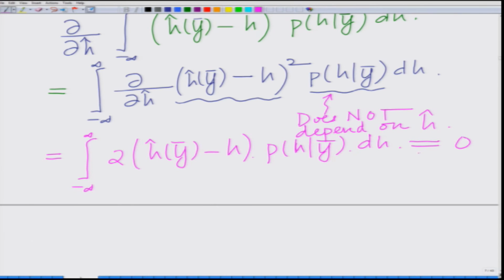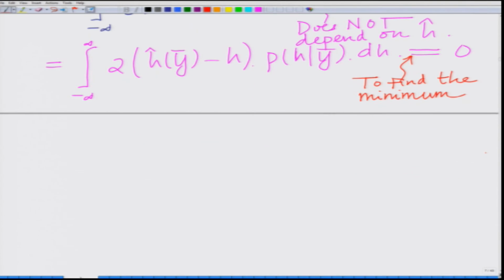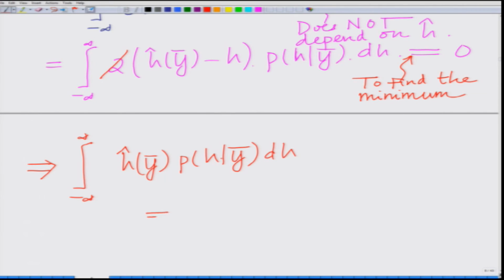Now the 2 cancels because we have 0. This implies h hat of y bar times the integral of p of h given y bar d of h equals the integral from minus infinity to infinity of h p of h given y bar dh.